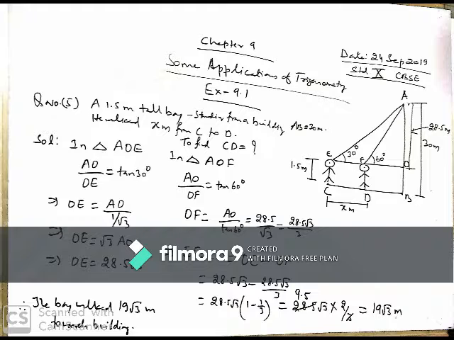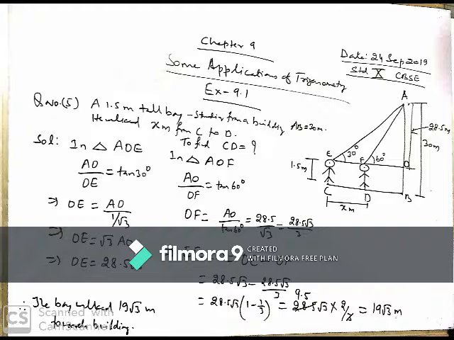Many times students commit the mistake of using the complete 30, and only that mistake is committed. So let us see triangle AOE.